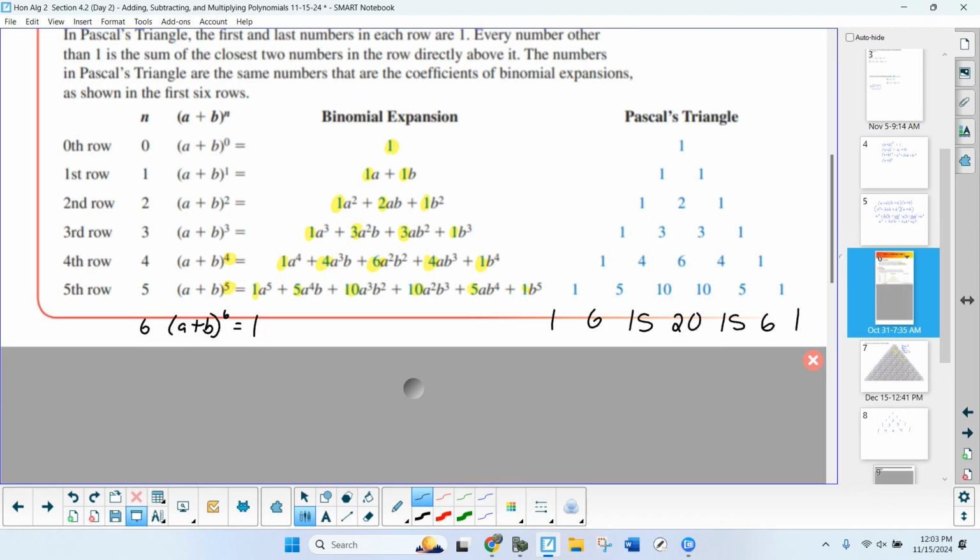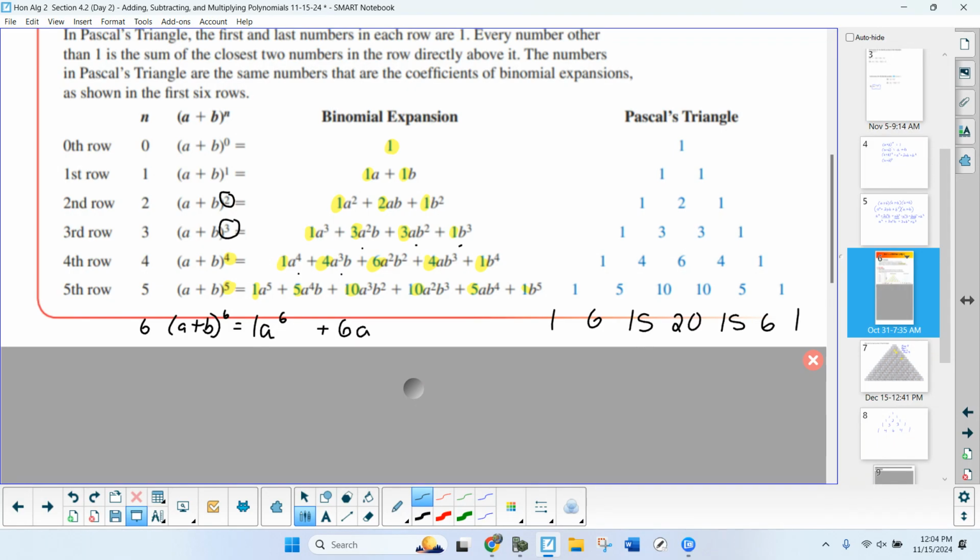Now, let's talk about the a's. Notice I had a plus b, then I had a squared. I had 2 a's, 1 a, no a. 3 a's, 2 a's, 1 a, no a. 4, 3. So how many a's would I have here? 6. How many a's would I have in the next term? What would the coefficient be? 6.